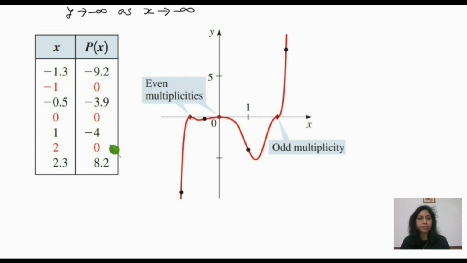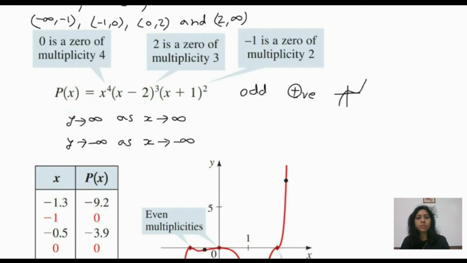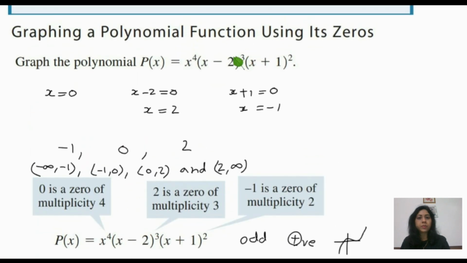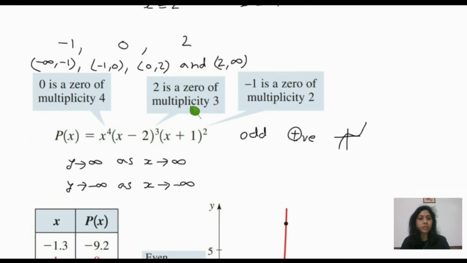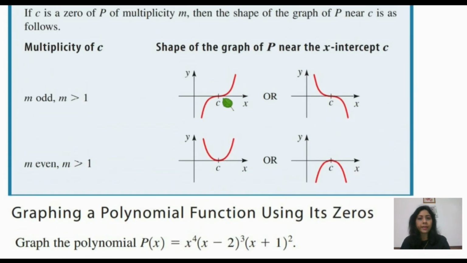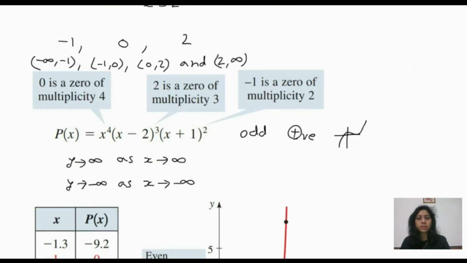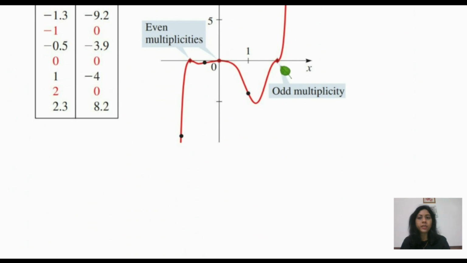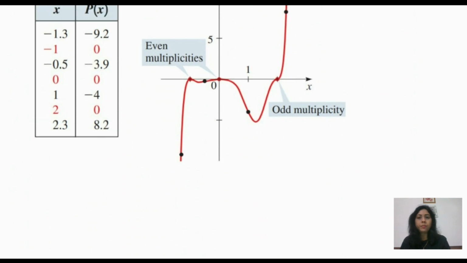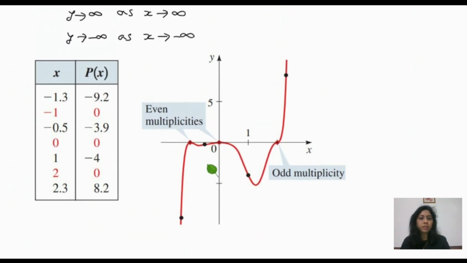But here at 2, you can see odd multiplicity. So 2 is a zero of multiplicity 3, it means odd. So like this the graph crosses the x-axis. Here like this. So very important things.